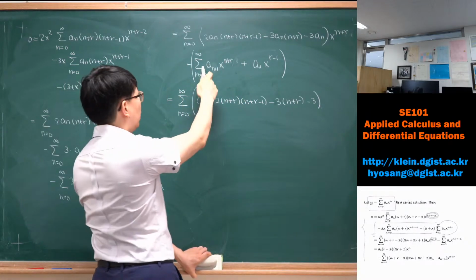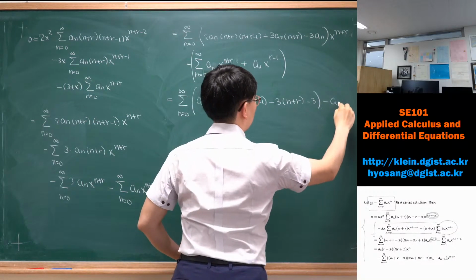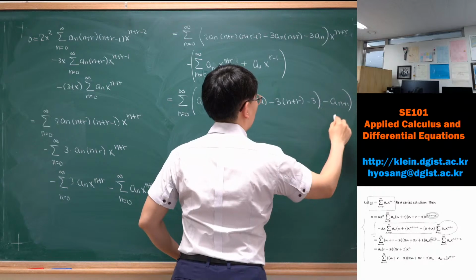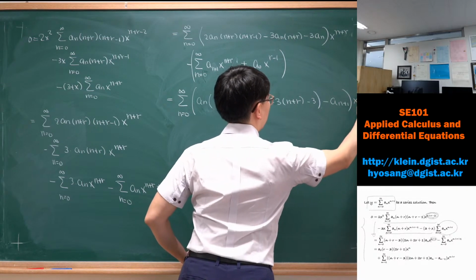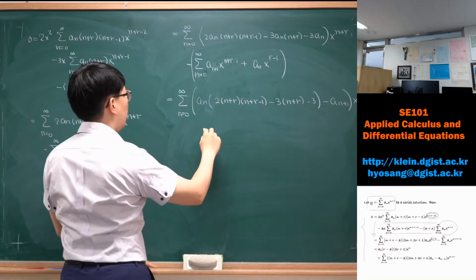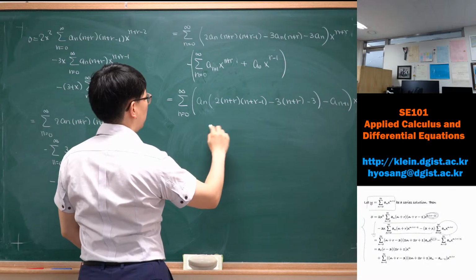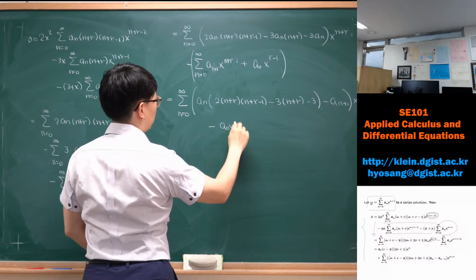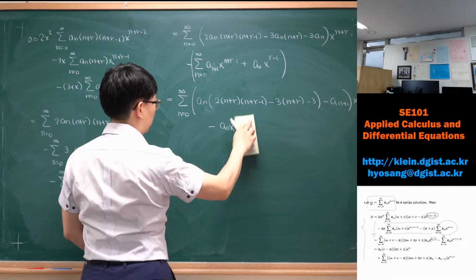That's the coefficient for a_n. And inside, we have minus a_{n+1}, times x to the n plus r, and minus a_0 x to the r minus 1.